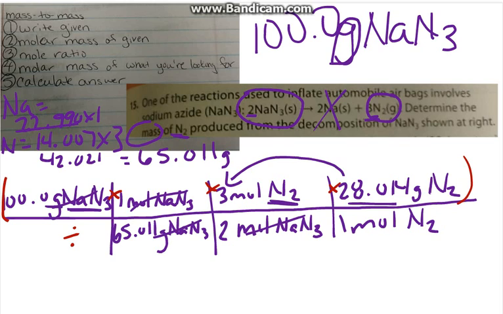Alright, step 5 says to calculate. Multiply everything on top, divided by everything multiplied together on bottom. Put that in my calculator real fast.